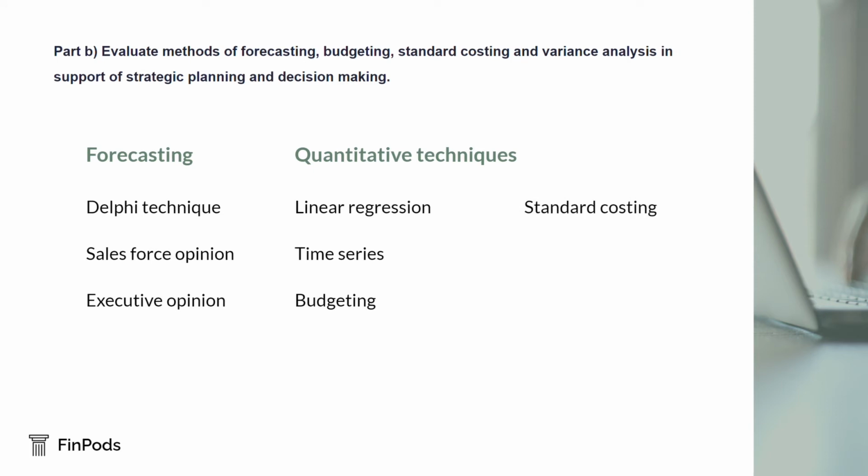Standard costing involves the establishment of predetermined estimates of the costs of products or services, the collection of actual costs, and the comparison of the actual costs with the predetermined estimates. The predetermined costs are known as standard costs, and the difference between the standard and the actual cost is known as a variance.